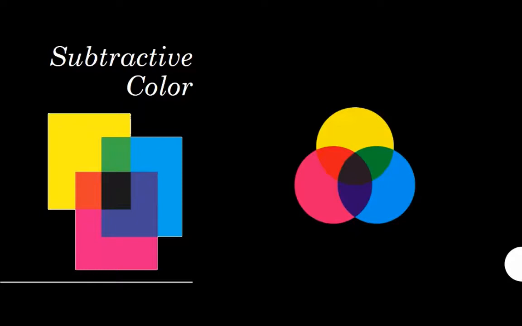Now we will do the same experiment we did with the additive after images. Using the subtractive colors, fix your eyes on the white dot in the middle of the black space for 30 seconds. Starting now, I will let you know when the time is up.